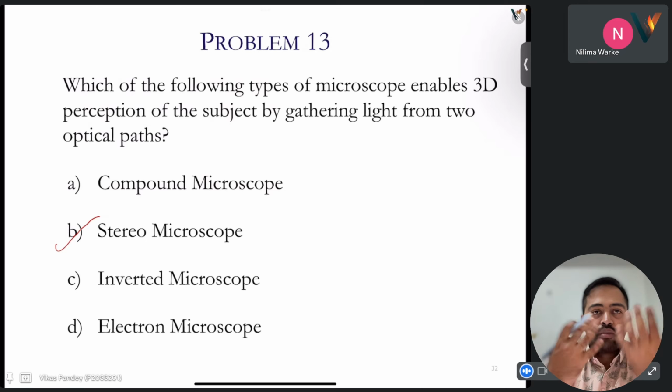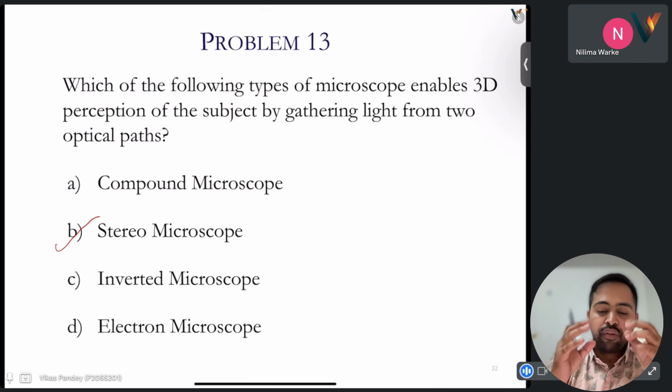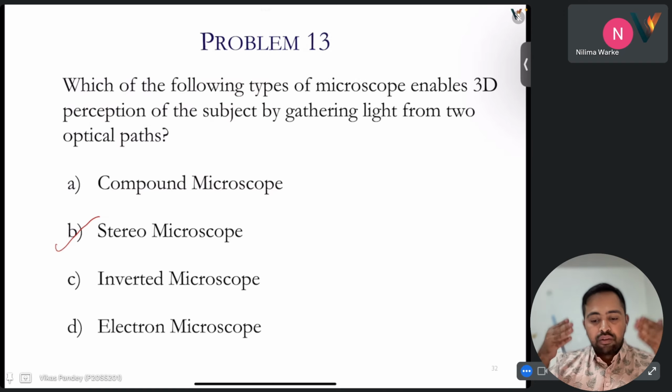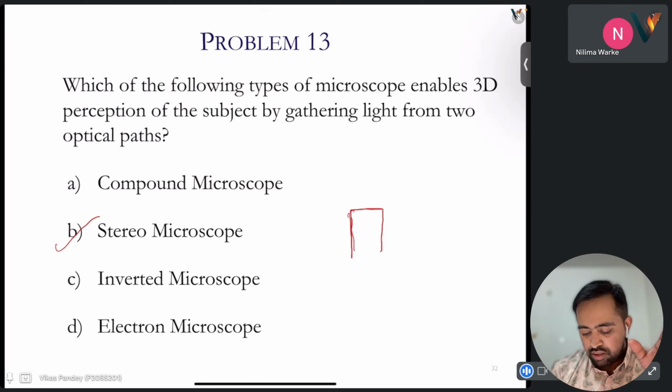To make that feel of 3D perception, the stereo microscope is used. In this case also, we see the same object from two different angles, slightly separated by the distance of our eyes. The objective is the same, but the eyepiece or ocular piece is different, and that makes us perceive 3D. Suppose you have some deposition, and around it it should have been cut like this, but some step kind of structure is formed.